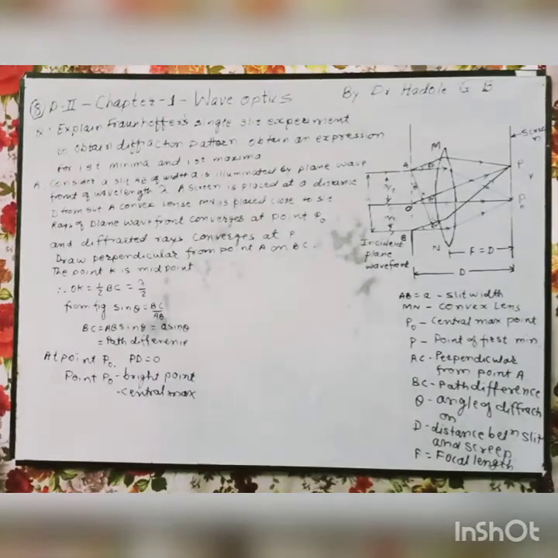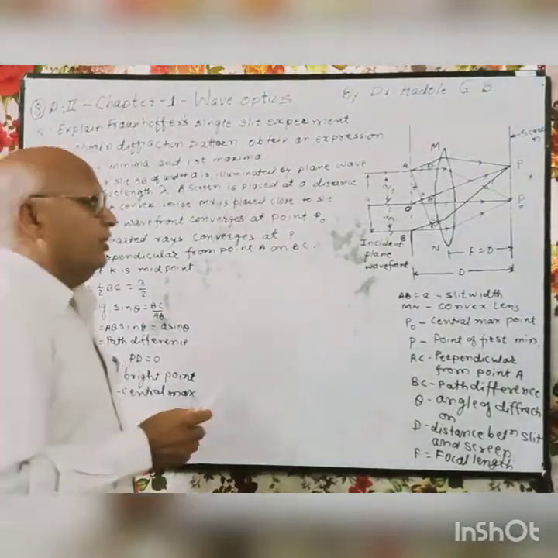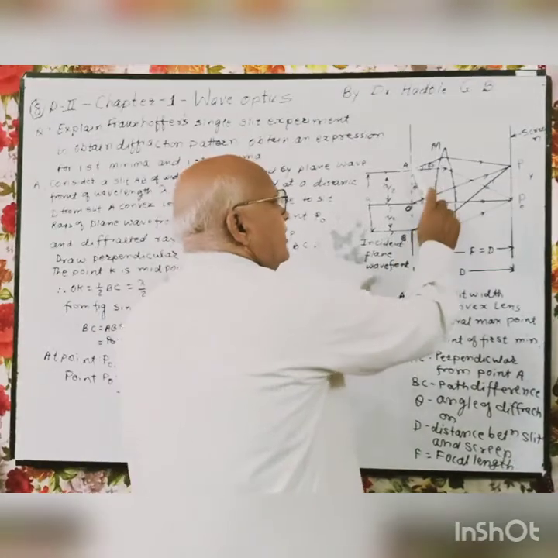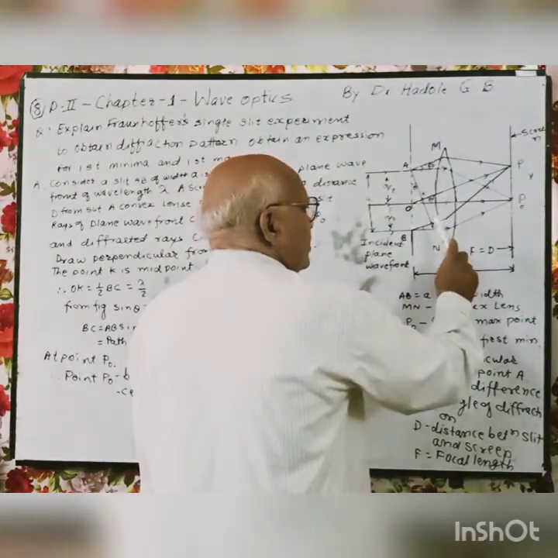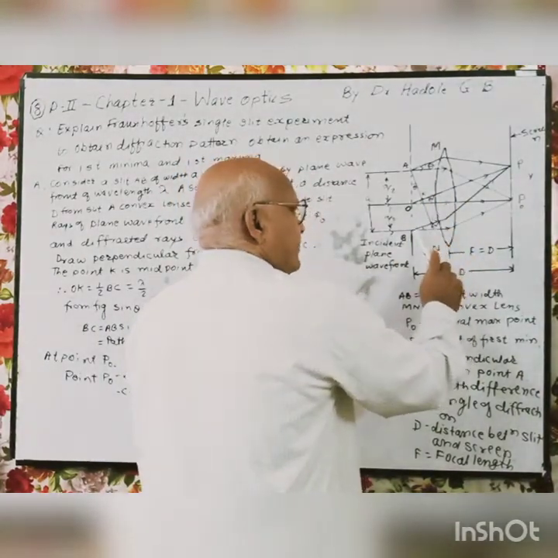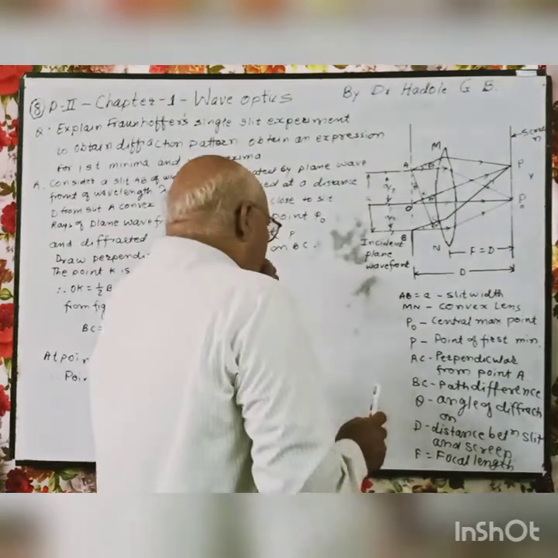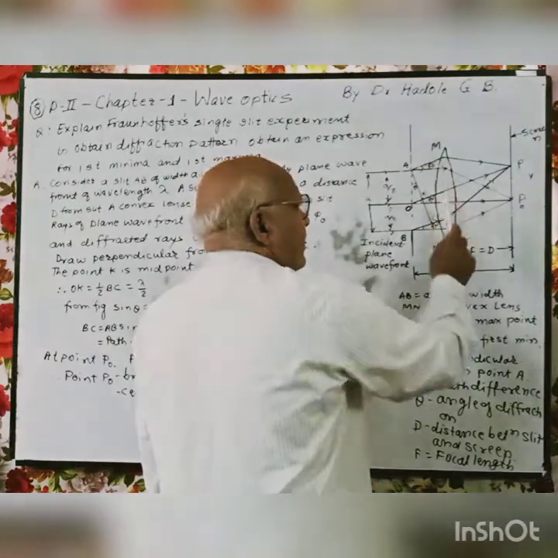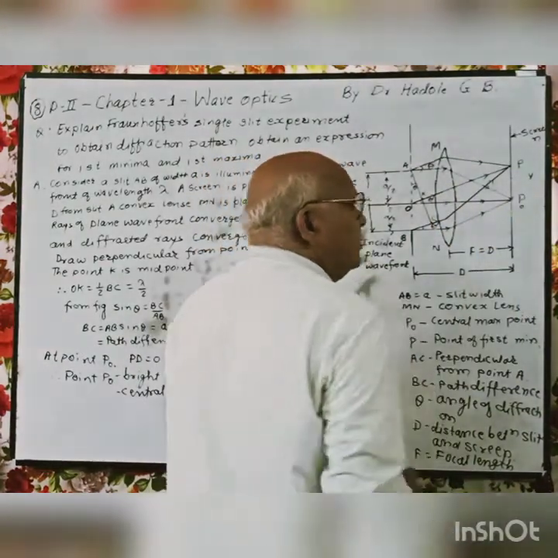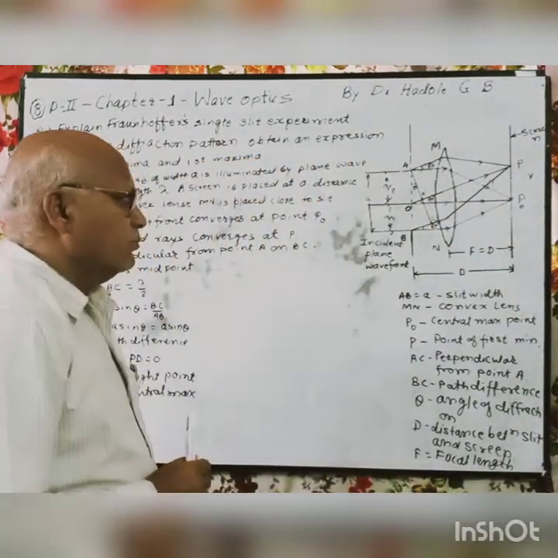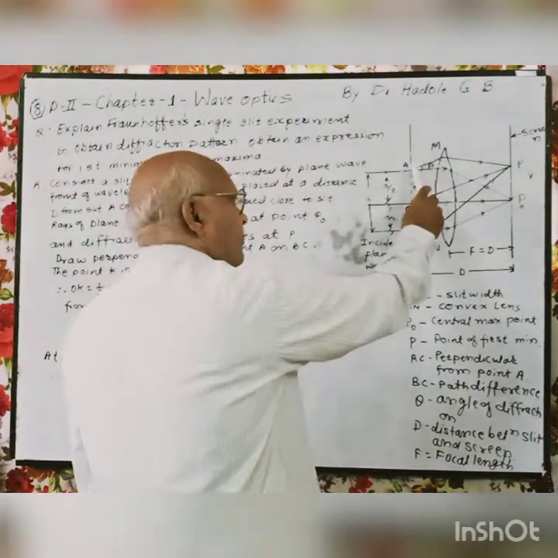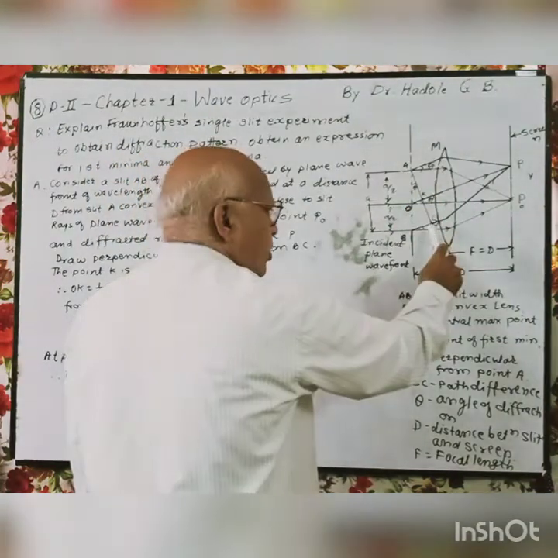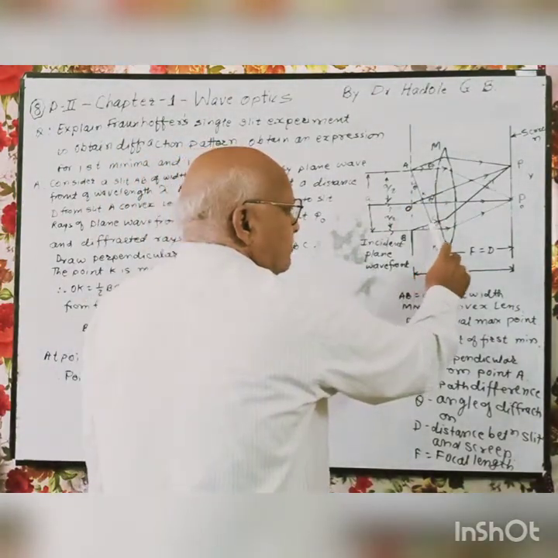Now, to obtain the expression for path difference, see here, these are suppose the three rays which are diffracted from the slit. They are falling on the lens and they are getting converged at point P. Now, draw a perpendicular from point A on this BC.